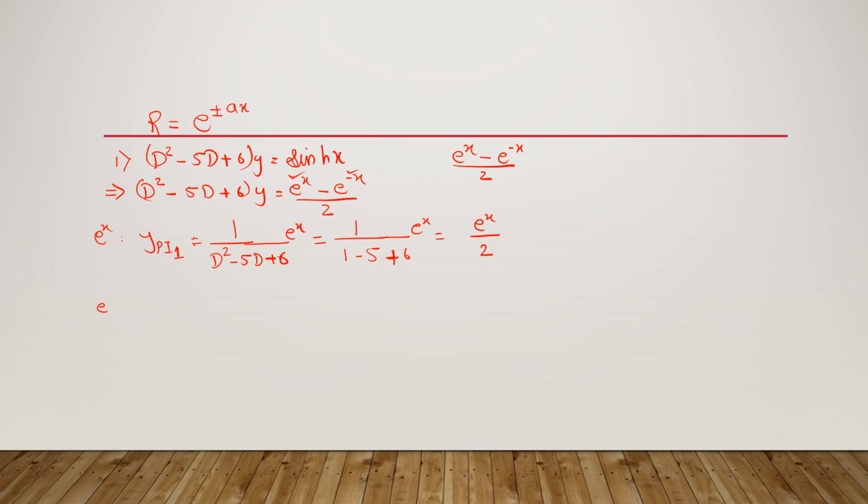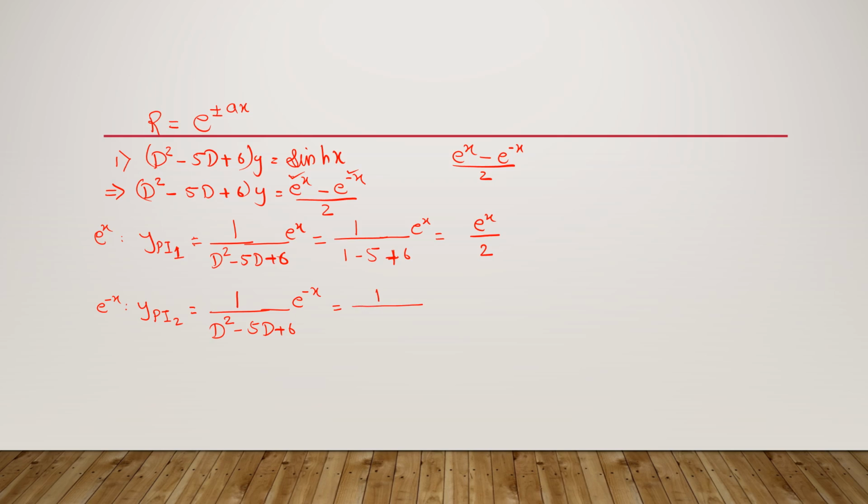Similarly, for the e^(−x) function, I am calling the solution ypi2. Similarly, find the particular integral solution of e^(−x). For the e^(−x) function, we have the value of a equal to −1.